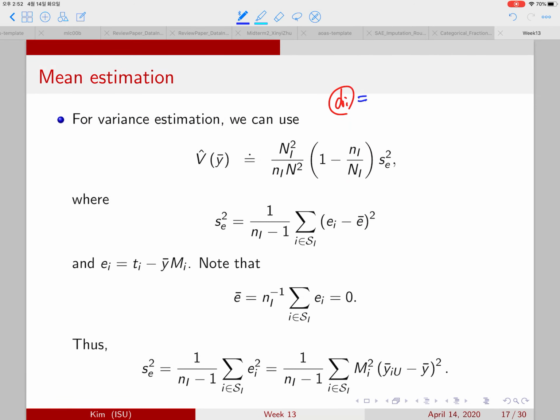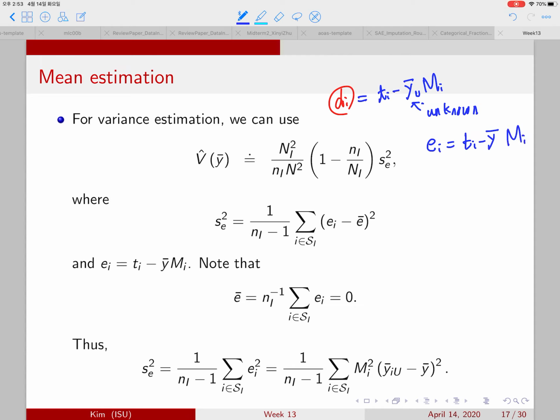So di is ti minus y bar u mi, and the only thing we don't observe is this one. This is unknown. So how do we estimate it? We use ei, which is the sample version. So that is this formula.